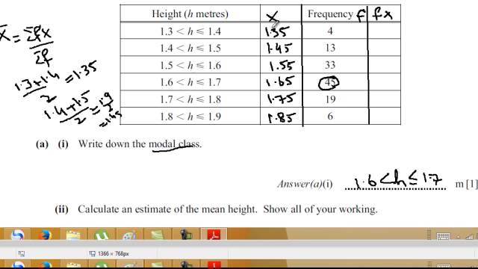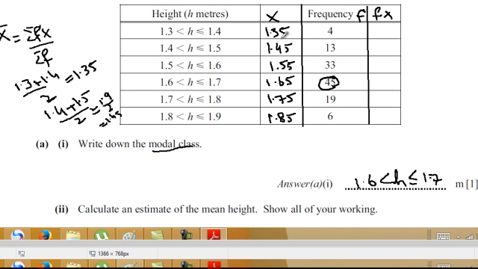Now we need to find f x, because in the formula the numerator is summation f x, which means we need to find the sum of all f x. So for f x, we multiply f with x, every element of f with every element of x.